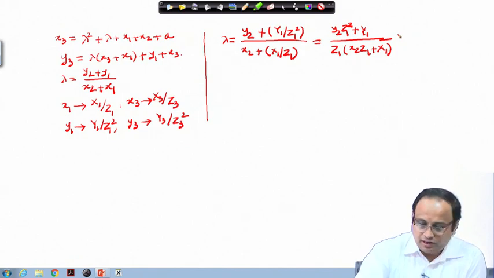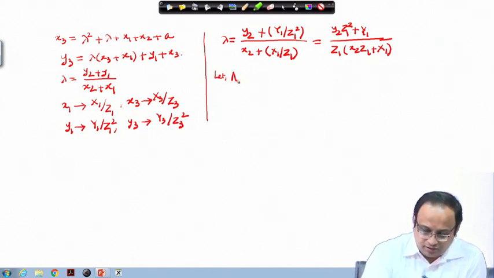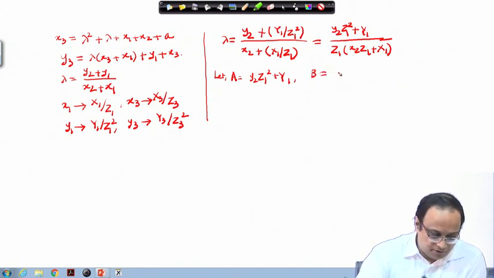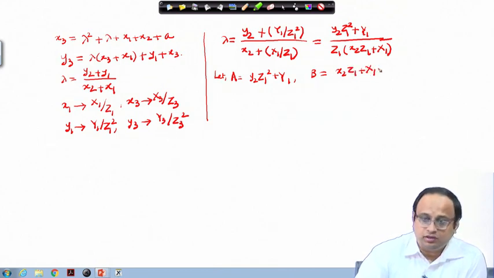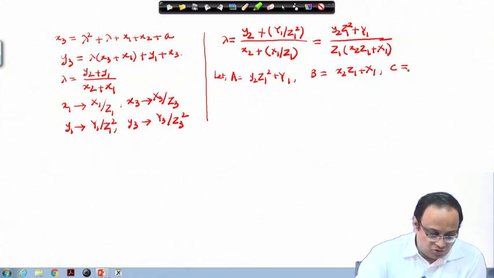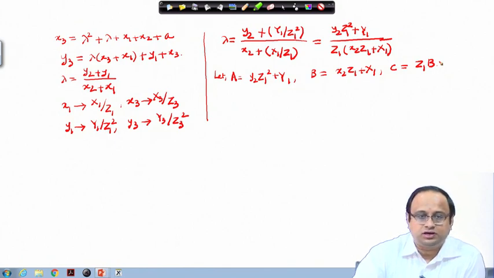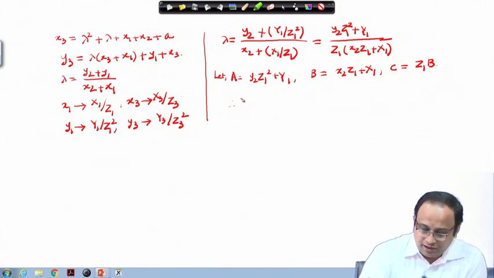Therefore, let A hold the value of y2 Z1 square plus Y1, and B hold x2 Z1 plus X1, and let C hold Z1B. In that case, lambda becomes nothing but A divided by Z1B.